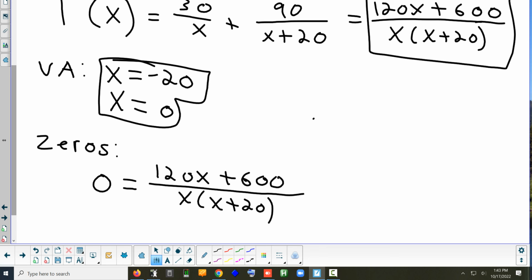So we've got a fraction equal to 0. How can a fraction ever equal 0? What do you have to do in a fraction for it to come out to 0? Could you give me a division problem that comes out to 0?